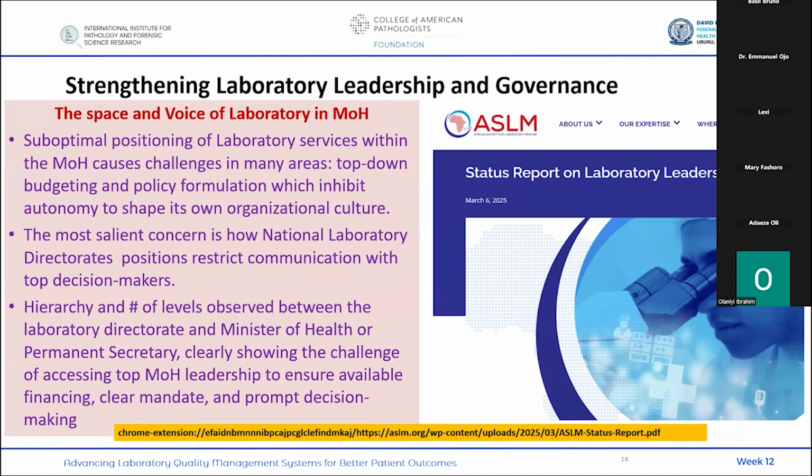They are not close to leadership in terms of hierarchy. So there are levels observed between the lab directorates and the Minister of Health. So they need to go through this, through that.